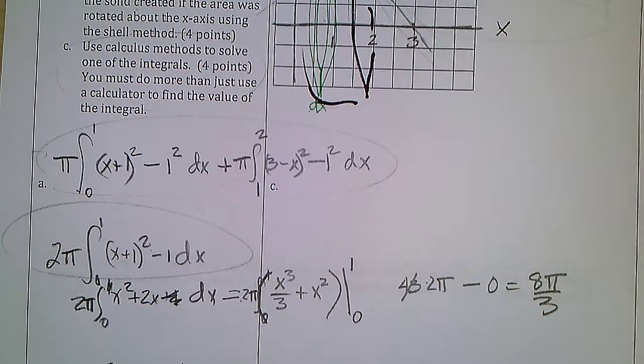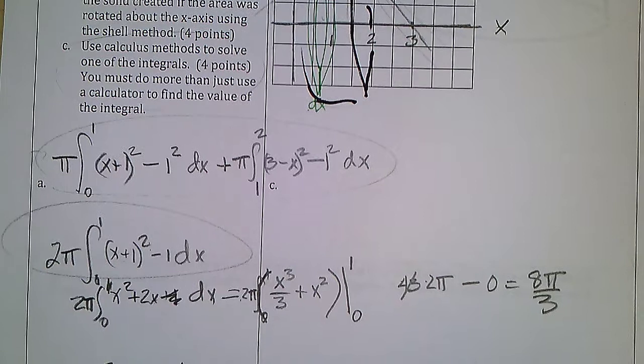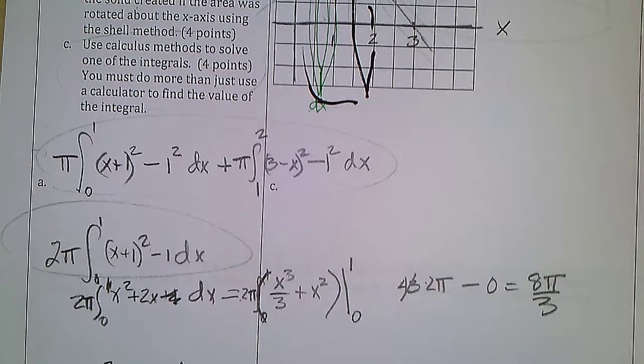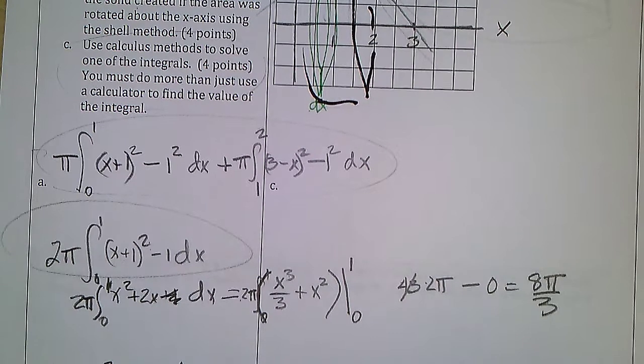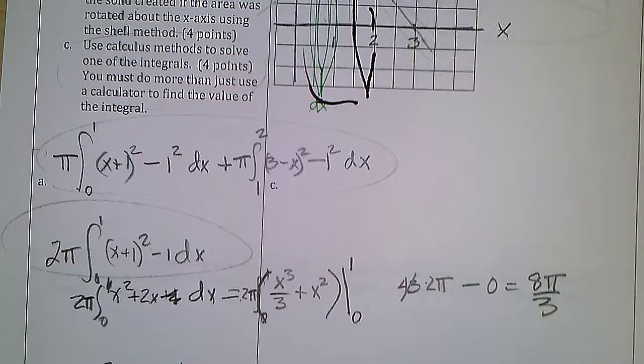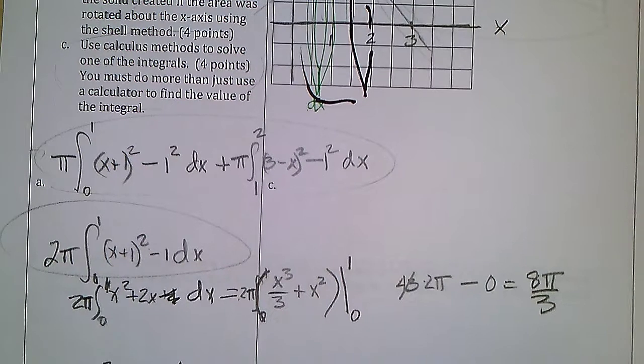And I take it times y, so I got 4y minus 2y squared dy. And that integrated would be 2y squared, and this would be minus 2/3 y to the third, all this times 2 pi, integrated from 1 to 2.